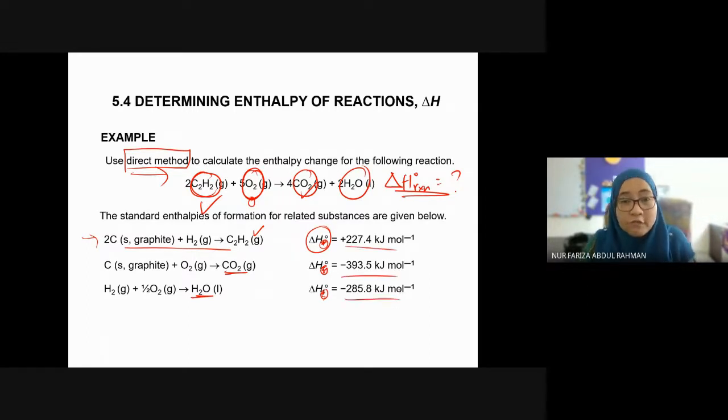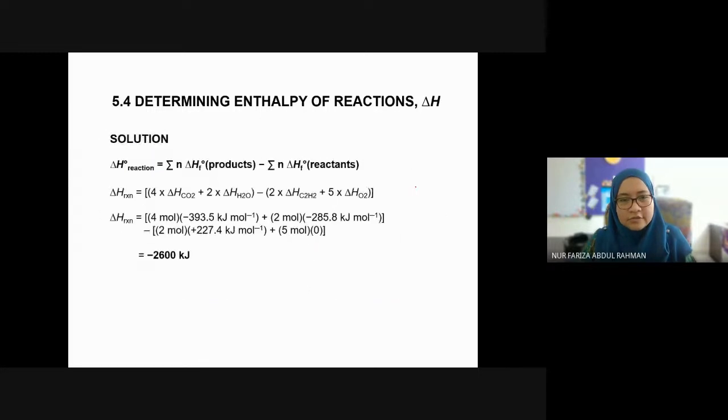Now we can put them into the formula. And don't forget the coefficient, guys. Alright. So we have them already. Okay, so how can we solve this problem? We are going to be using this direct method. So this is the formula.